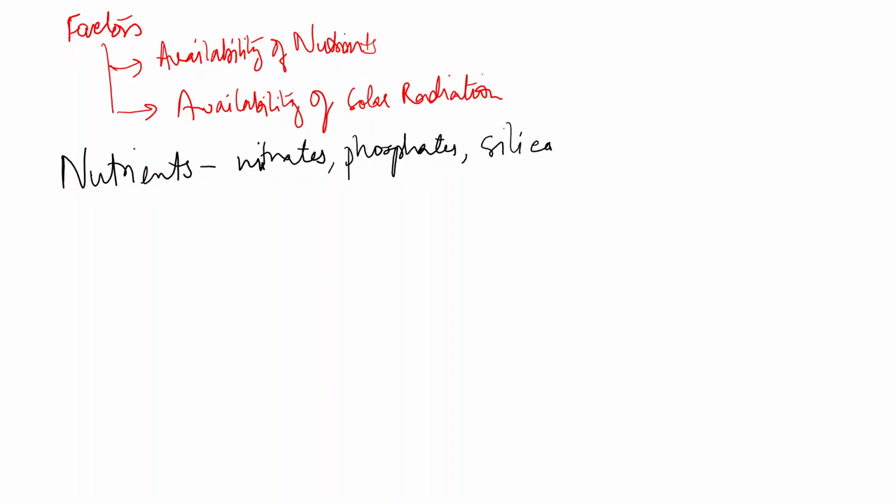These are the most important nutrients which are needed by phytoplanktons. So these nutrients, that is nitrogen in the form of nitrates, phosphorus in the form of phosphates, and silicon in the form of silica, are also referred to as biolimiting, meaning they control the population or the concentration of phytoplanktons which are essential for primary production.